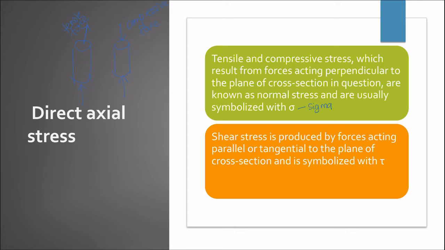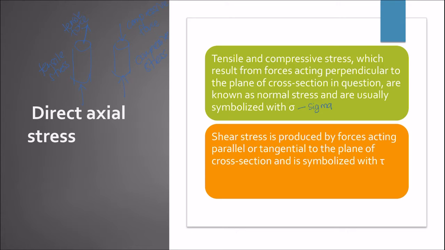If it is compressive force, it will cause the object to shorten. Okay, when it shortens, it is in a state of stress, which is compressive stress. And this one is tensile stress.